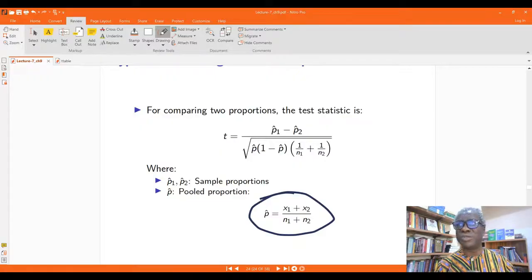So we need to sum the two and divide by the sum of the samples from the two populations. That gives us the pooled proportion, and it is the pooled proportion that we use here. Don't forget.